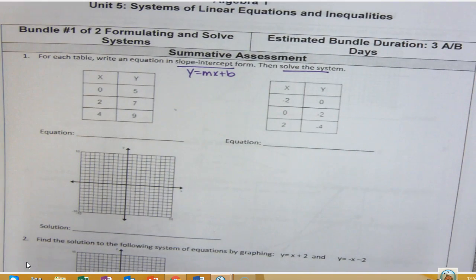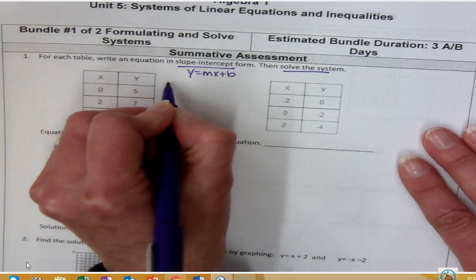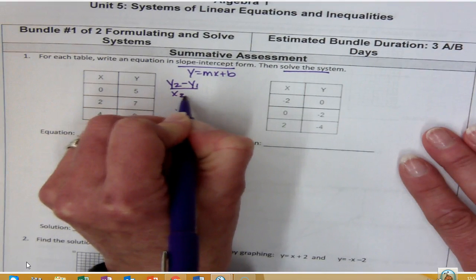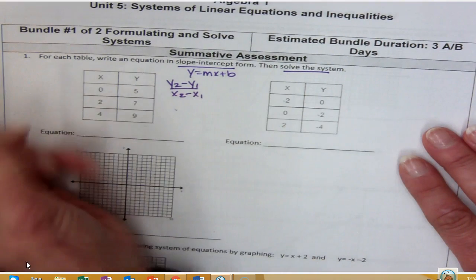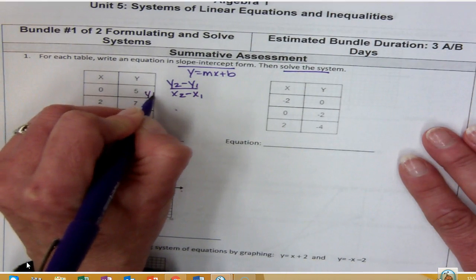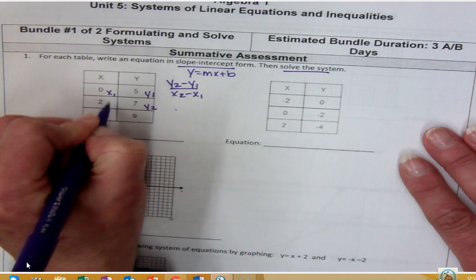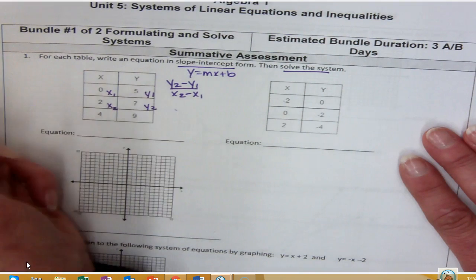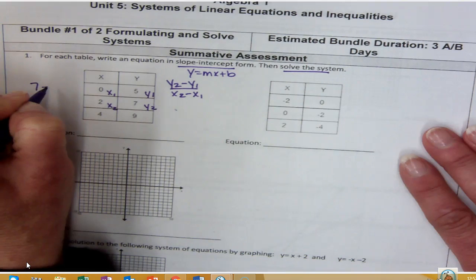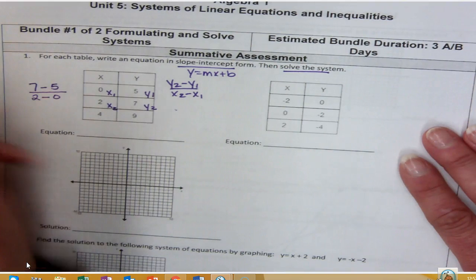So we're going to, first of all, find the slope. In order to do that, we can use y2 minus y1 over x2 minus x1. If this is my y1 and this is my y2 and this is my x1 and this is my x2, I would do 7 minus 5 over 2 minus 0.